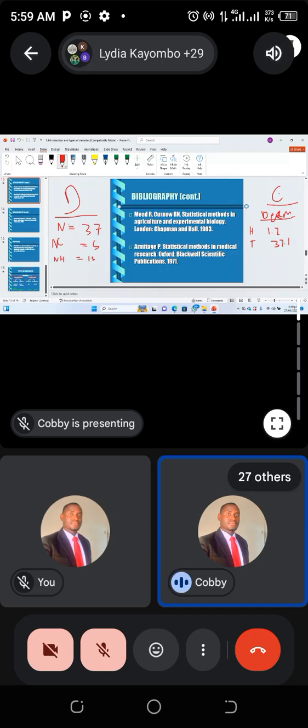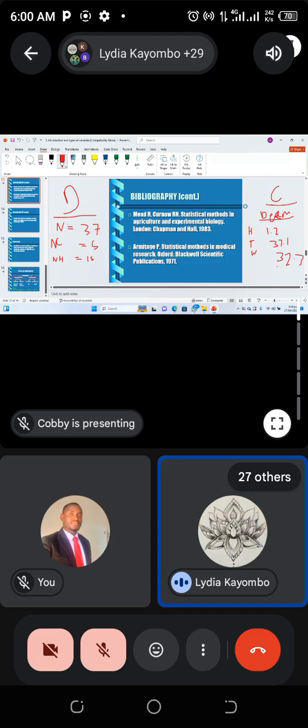What other variables are there under continuous? Other examples of continuous variables? Weight, yes. It can be 32.3, for example. What other variable? Distance, yes.